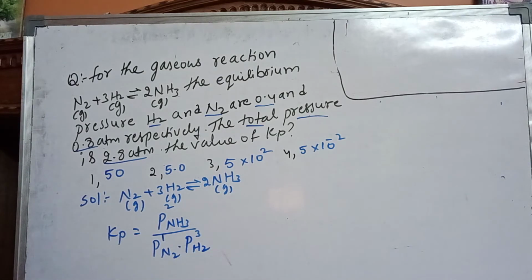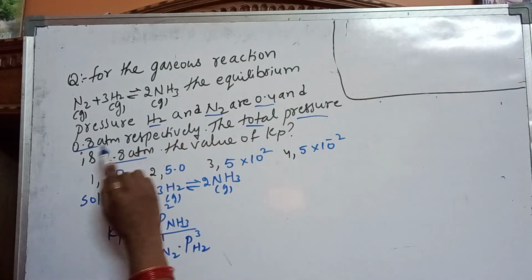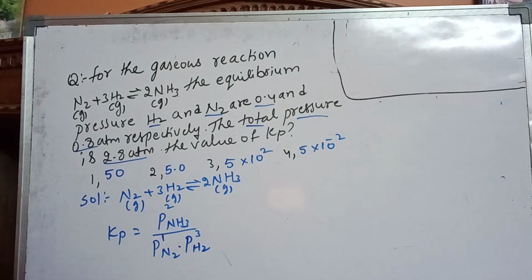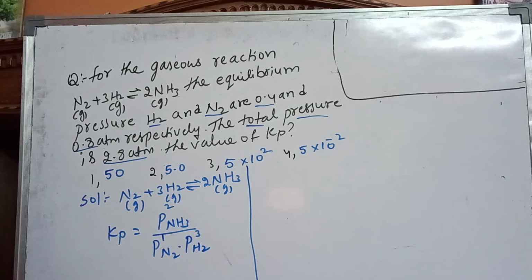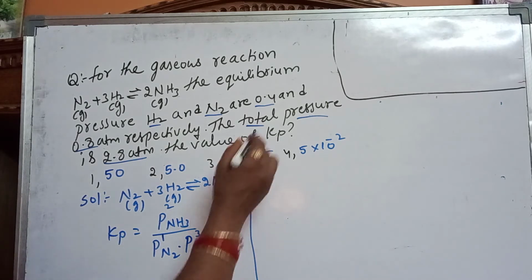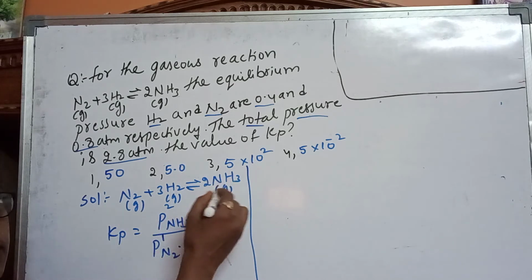This is the formula actually. But here the partial pressures of N2 and H2 are given directly, but not ammonia. The partial pressure of ammonia is not known, but the total pressure was given. So by using this we can calculate the partial pressure of ammonia.